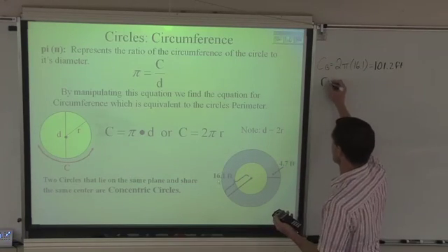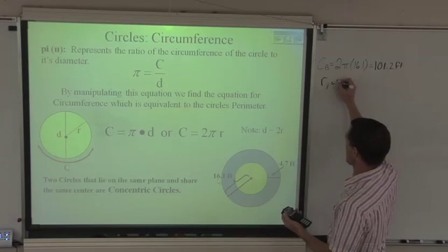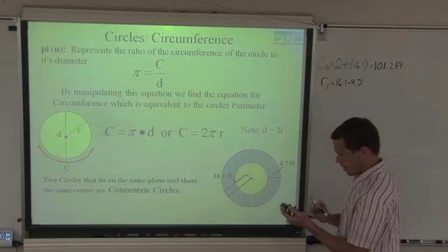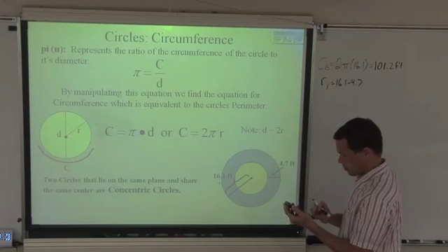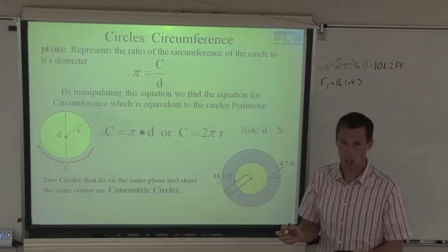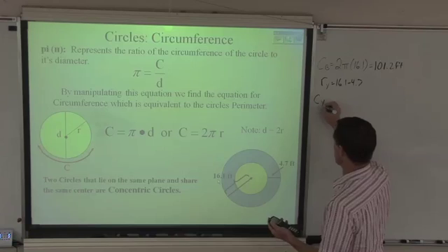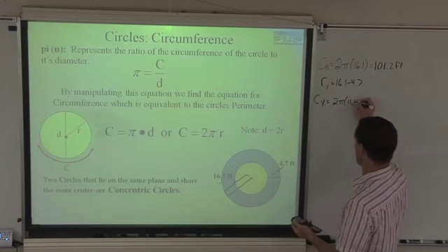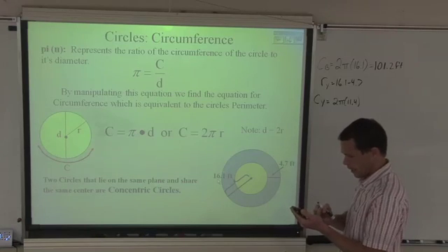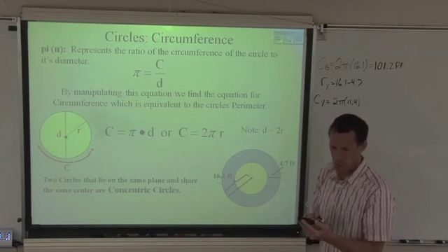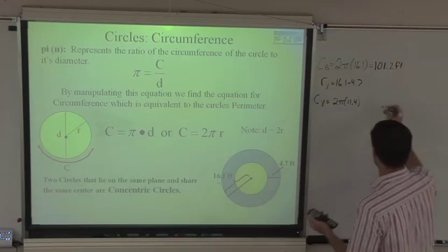Well, for the yellow circle radius, we're going to have to take that 16.1 and subtract 4.7. So we take 16.1 and we subtract the 4.7, and we have a new radius of 11.4. So my circumference of yellow is going to be 2 times pi times 11.4. Now I take 2 times pi times 11.4, and I've got 71.6.